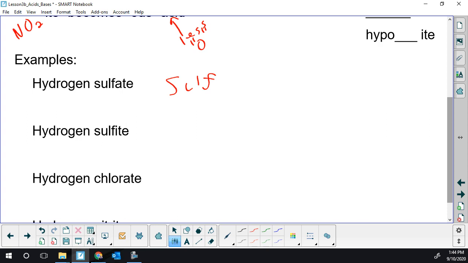Now with sulfur, because it sounds really bad, the UR is put back in. And then we're going to drop the ate, and the ate switches to which of those two endings? The ous or the ic? The ic. Okay. The ate turns into the ic acid.